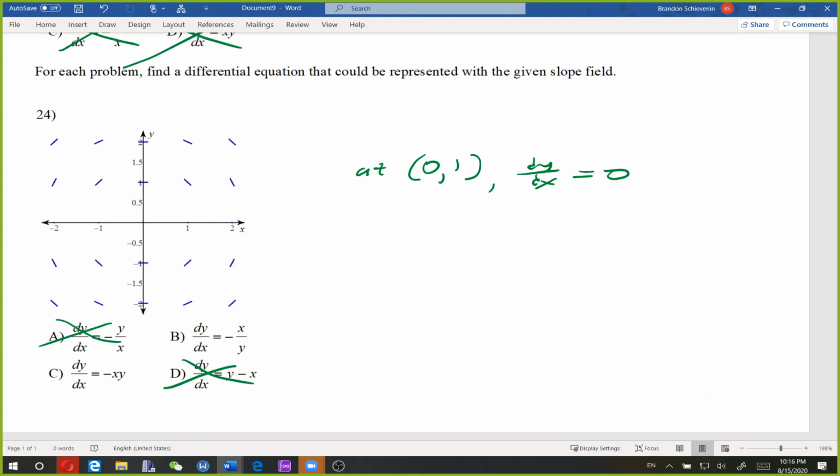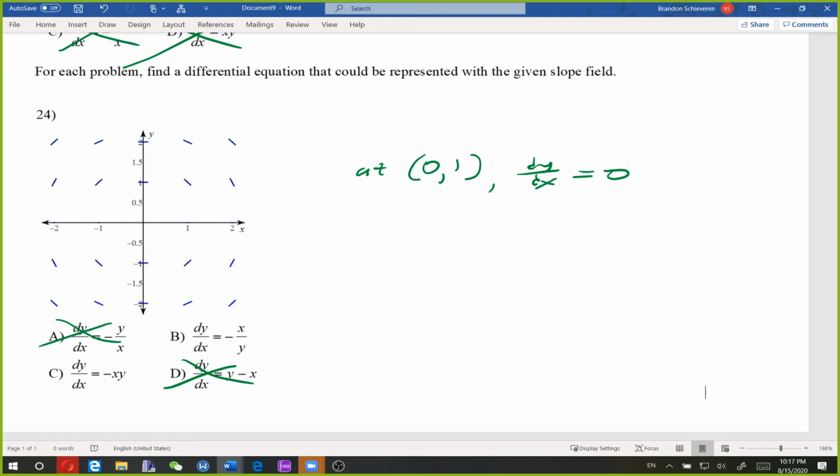If I plug in 1, 1, I get -1 for B and I get -1 for C, so 1, 1 won't help me. Is there any x or y value you can see, not even looking at the graph, but just looking at B and C? That would be 1 and 0. Okay, so if I plug in 0 for y, if B is right, I would be undefined, and if C is right, I would get 0.